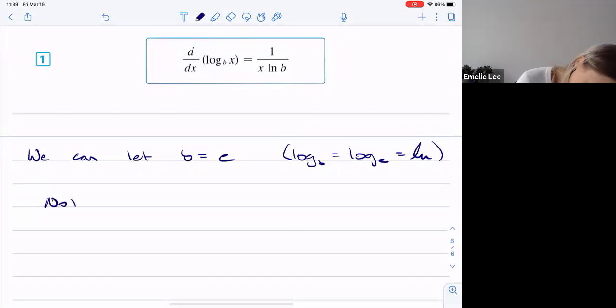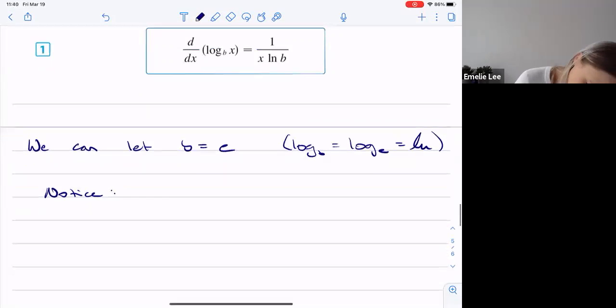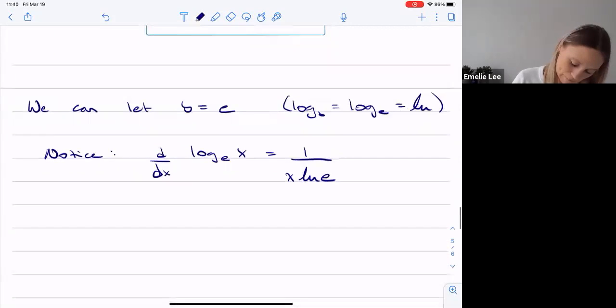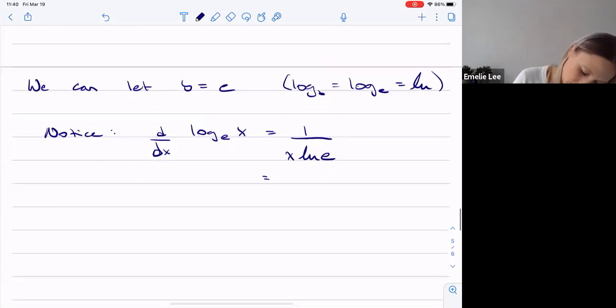Notice that if you have d dx of log base e of x, it is 1 over x times the ln of e, but that's going to be 1 over x since the ln of e is 1.